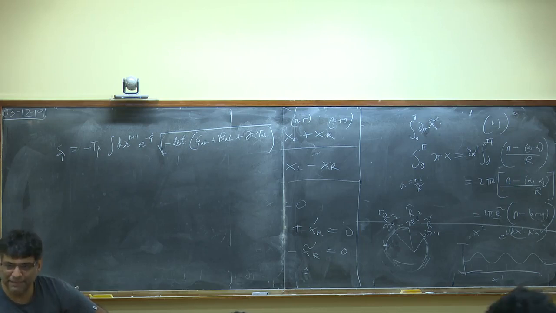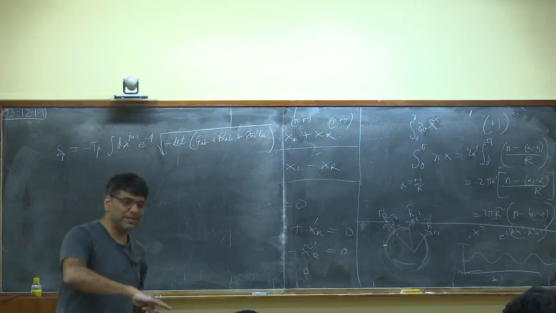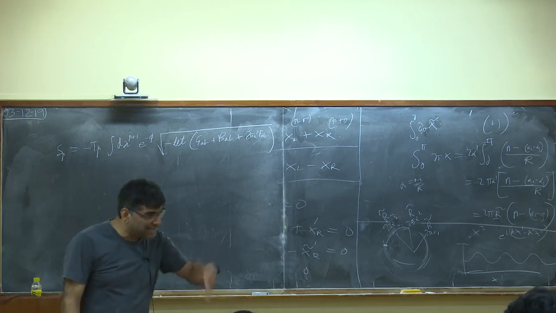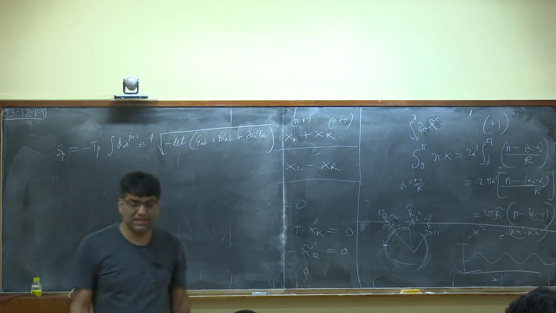So if you have a Dp-brane, we've got a (p+1)-dimensional gauge field living on it, and 25 minus p scalar fields, which represent the transverse fluctuations. Now, if these transverse fluctuations change slowly enough, we should be able to write down an action for them.